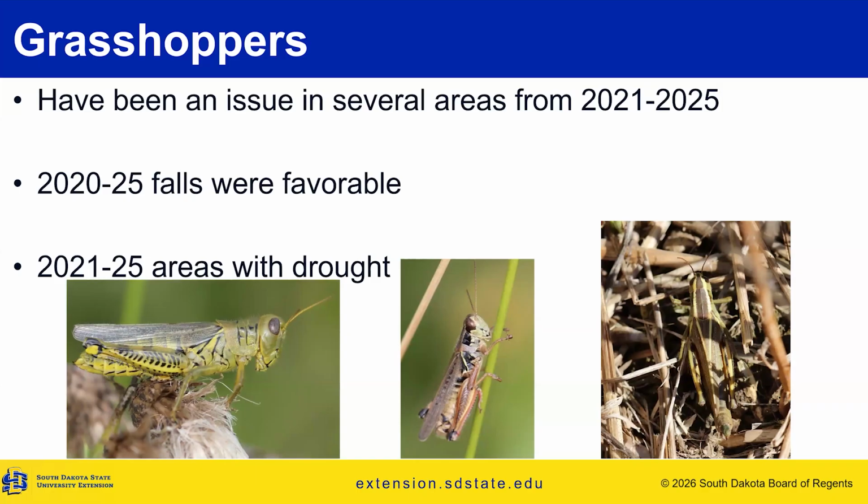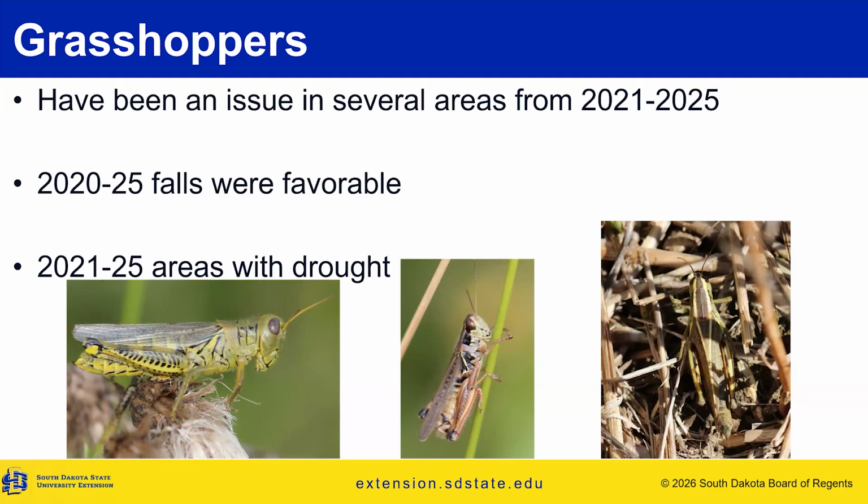And so we do have a risk for having some large grasshopper populations present. The reason for that is we've had issues throughout South Dakota for the last few years. 2021 pretty much was the start, through 2025. We've had these hot spots of grasshopper populations, and in addition to that, we've had these favorable fall conditions. Now, what's favorable for a grasshopper?